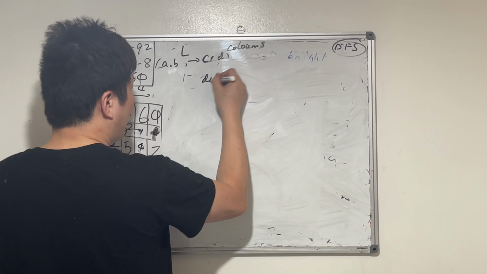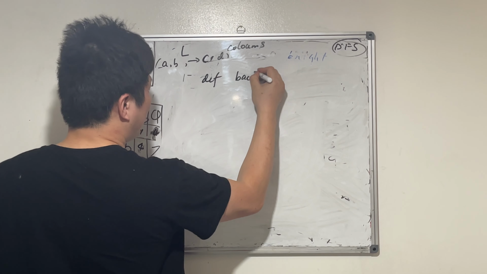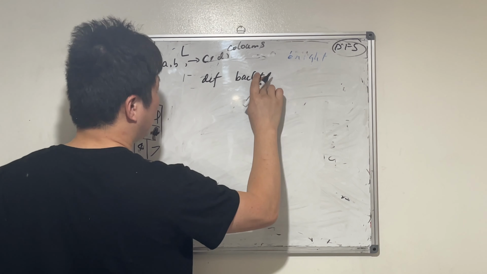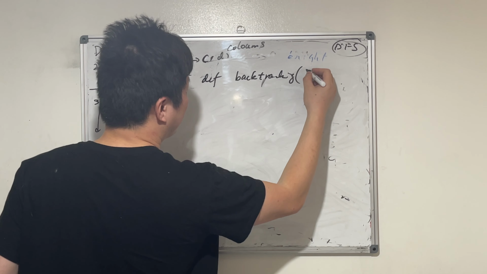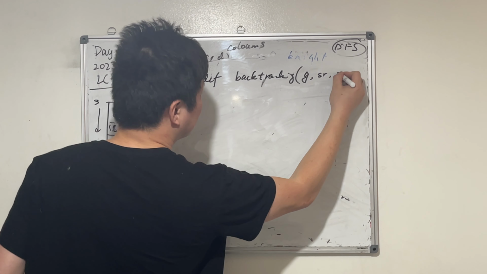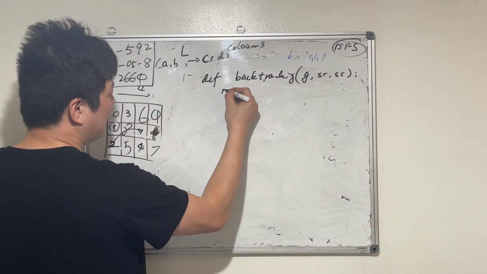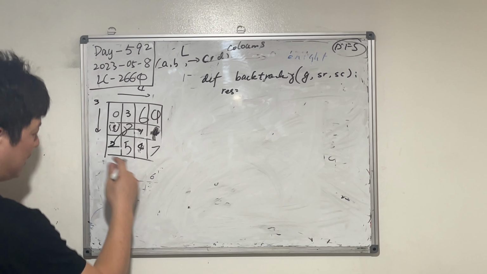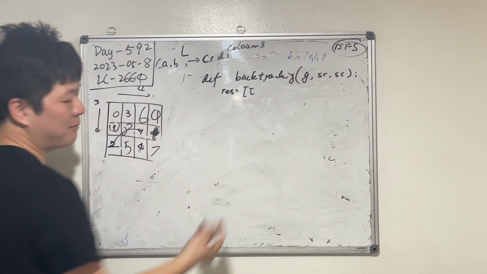Okay. Define backtracking. Backtracking is a type of depth search. We're given a grid, and a start position, start row, start column. We want to return an answer, which is the complete solution, a board. At the beginning, let's use minus 1, right?